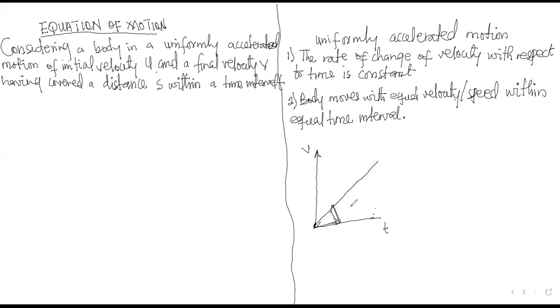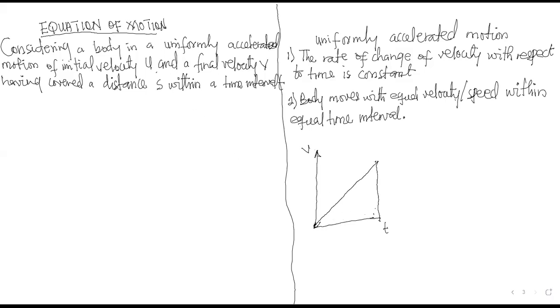Whether you pick a bigger slope or a smaller slope, you get the same value. And the value of the slope under this graph is equal to the what? Acceleration.